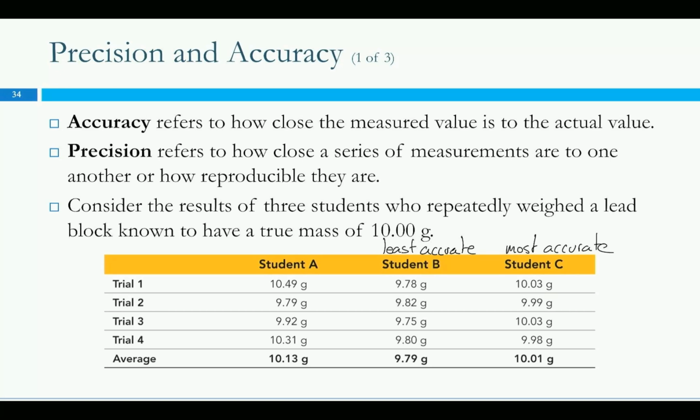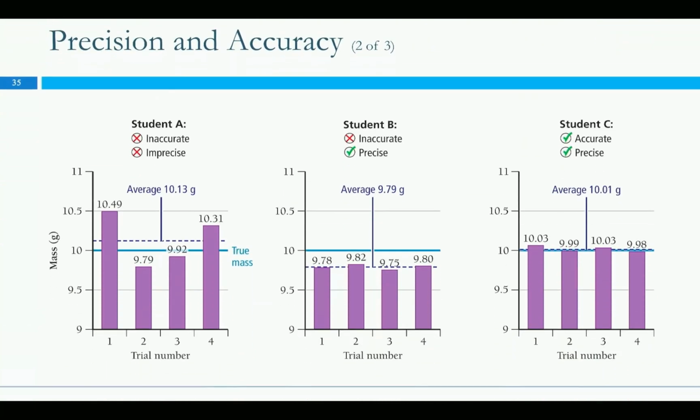This is why we have other ways of visualizing data. There's a much better way to visualize the data. So yeah, student B was as precise as student C. A little bit harder to see because it's not so close to 10, I think. But you can see student A, now when we plot these out on this sort of bar chart, you can see that all of their values are way different from each other.